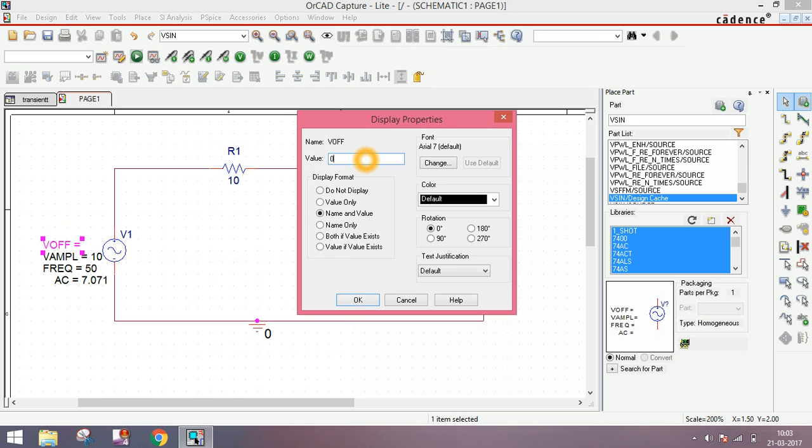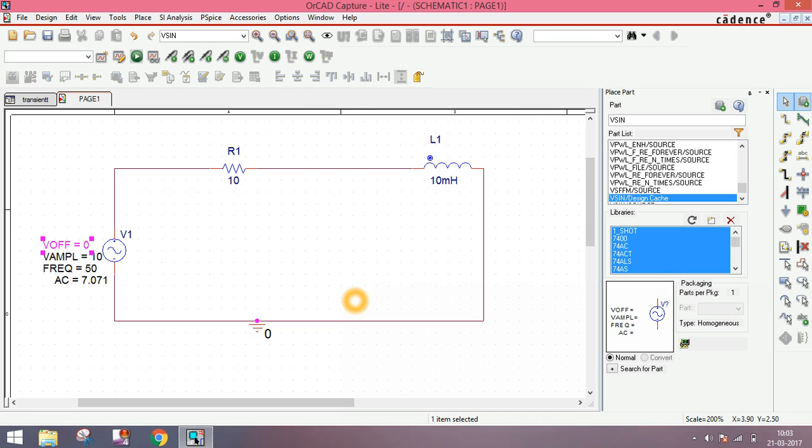I have not explained what V of is, but later on I will explain it. But remember, in case of pure sinusoidal, V of is always 0. This is called the DC offset voltage. I will show you what this is when our output comes.